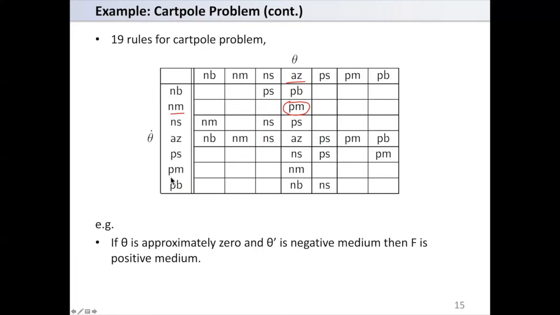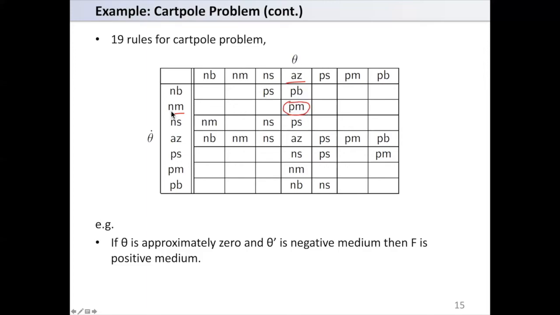And here we have 19 rules, saying that if theta is something and theta prime is something, then consider the corresponding intersection. Then this defines what should be for y.